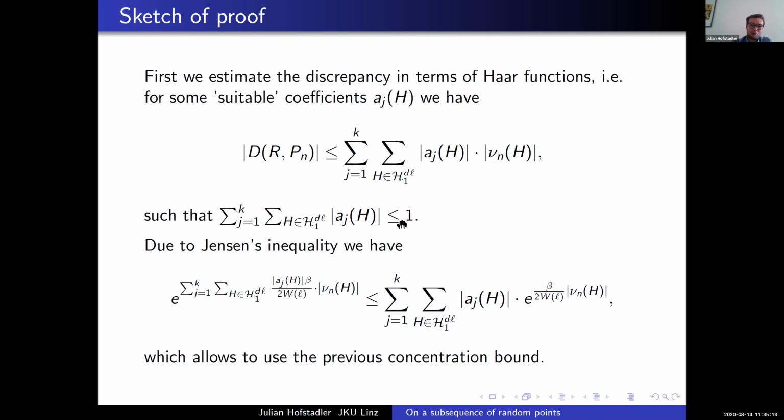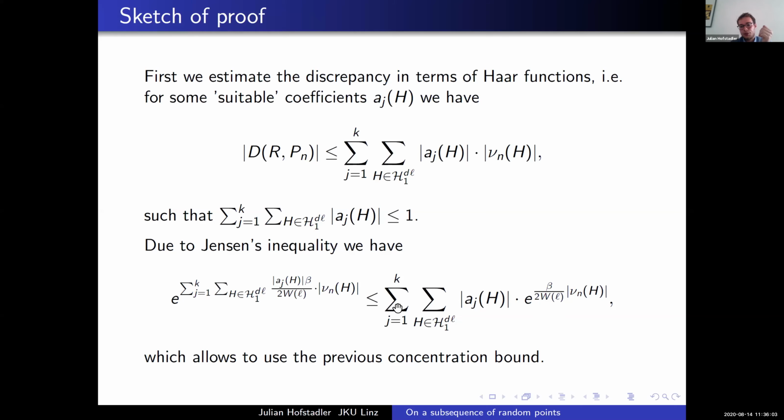And we also have the following, let's call it normalization property of the coefficients, namely the sum of all coefficients can be bounded from above by 1. This allows us to use Jensen's inequality in the following form, so that we have this bound, and we already know the concentration bound for these terms, so we just apply the expectation on both sides, put it inside these sums, and we know concentration bounds for these, and these coefficients sum up to 1.